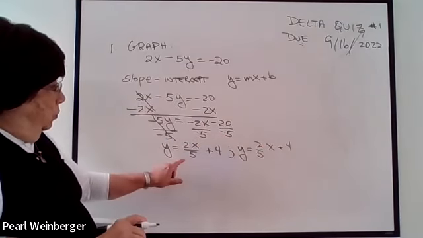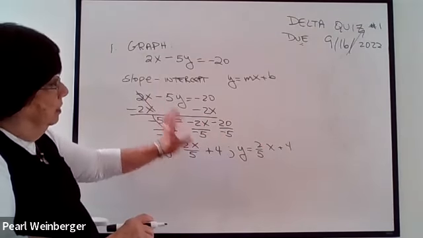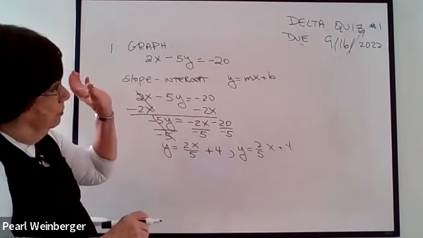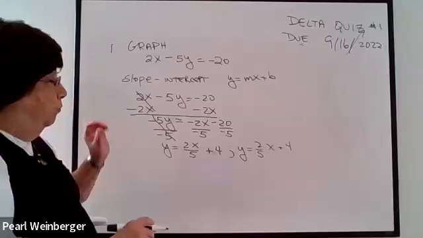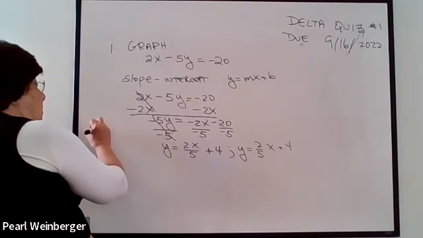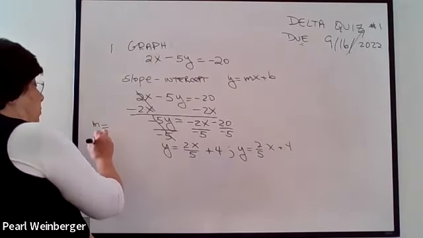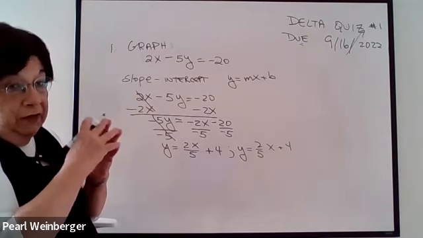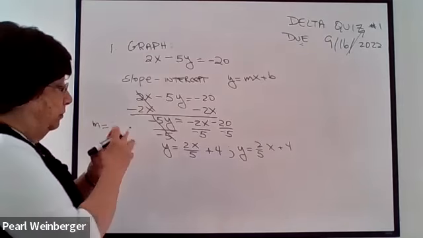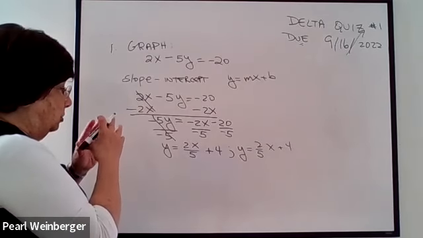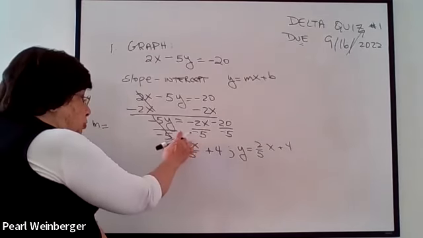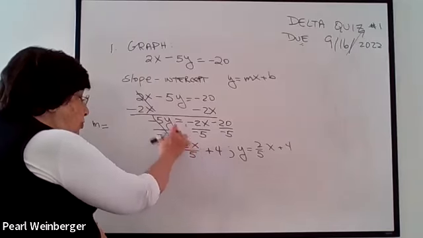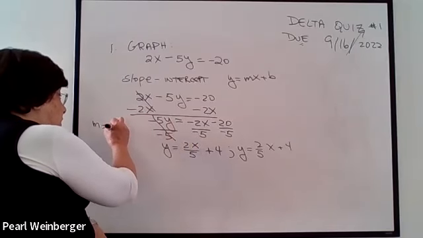So we now have it in what we call the y equals mx plus b form. The m, which is what we call the slope, is the coefficient of the x, the number in front of the x, the number that's attached to the x. Now, it's not just the 2, it's the whole thing. It's 2 over 5.